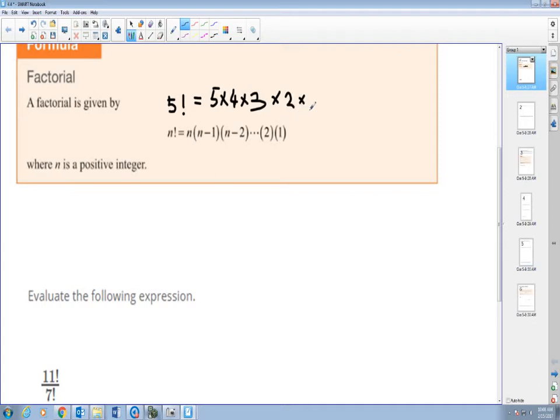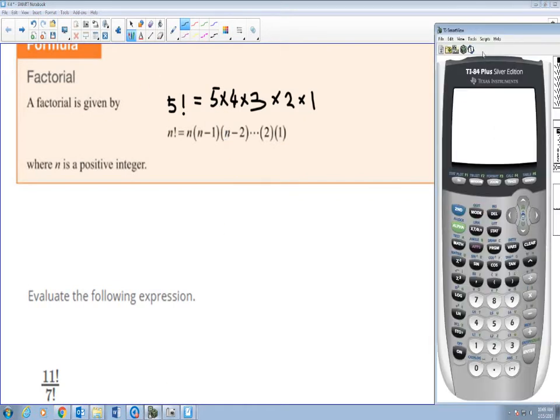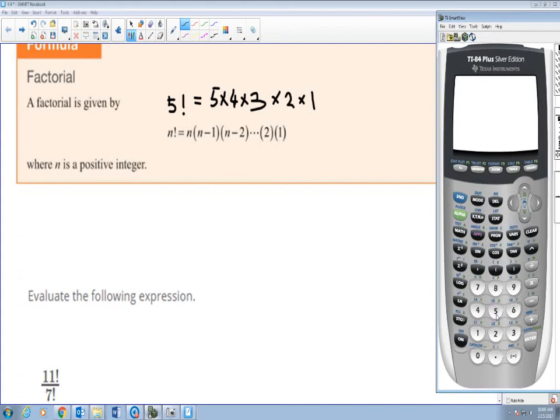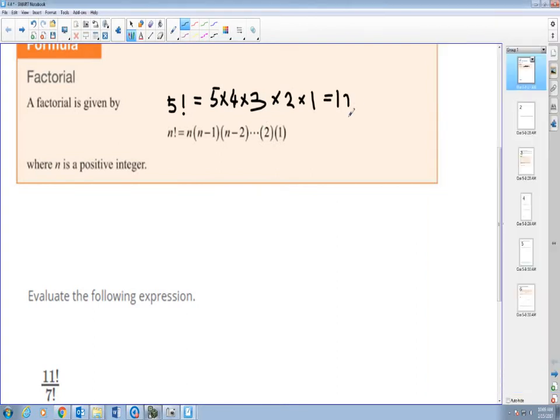You multiply all the way down to 1. That's called 5 factorial. Rather than typing all this in the graphing calculator, we can type in the number 5 first, then go to math, go under PRB, probability, and choose number 4. This is 5 factorial, which if you multiply them up, will give you 120.